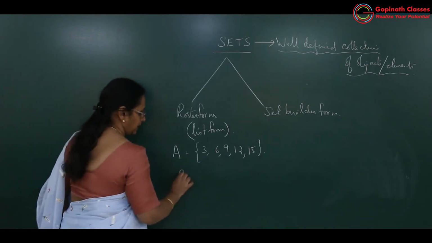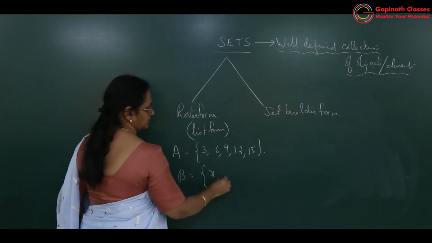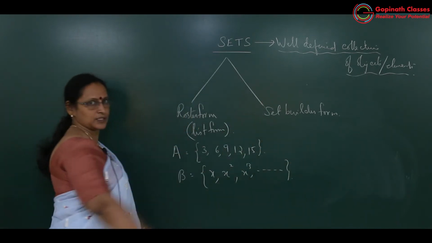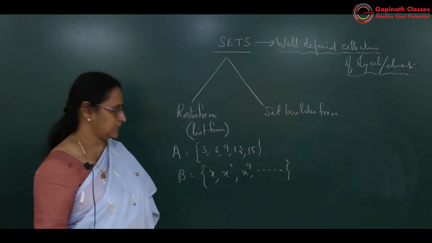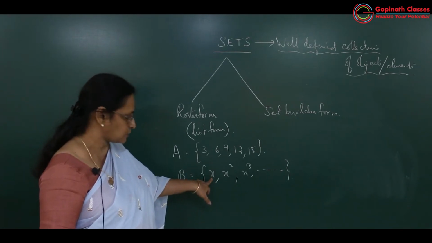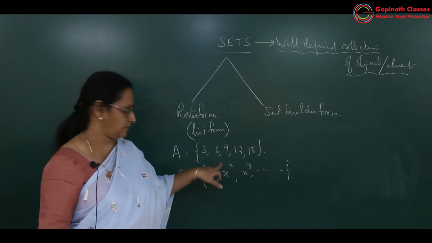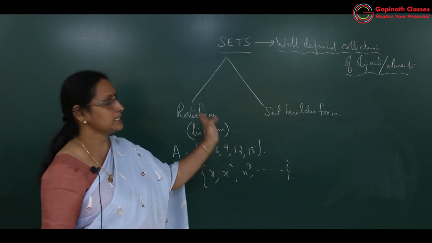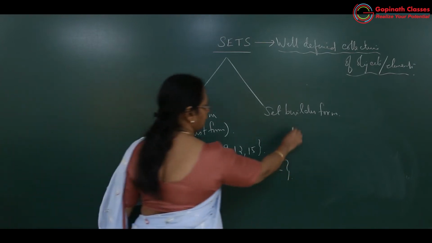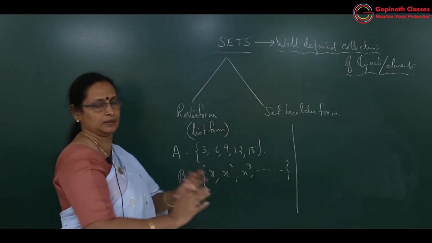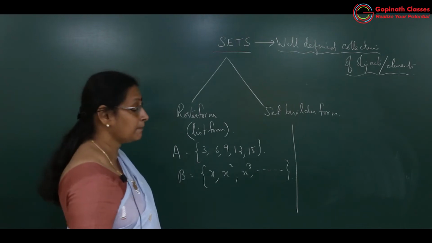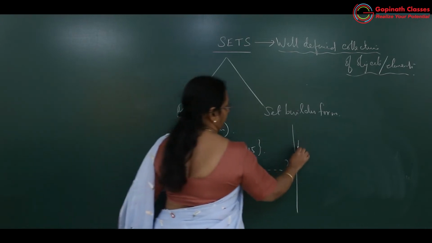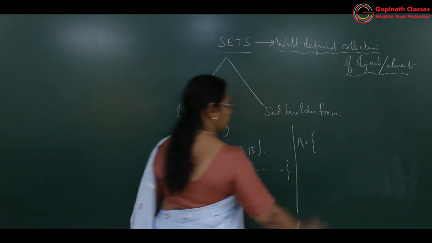Another one, B is equal to X, X square, X cube, dot dot dot. Even if it is not ending, I can write it like this. What is its speciality? All the powers of X, where the powers are natural numbers. Now, the same thing can be represented in set builder form. In set builder form we describe its speciality, the describing property. Its other name is describing property method. Here I can write how it is represented.